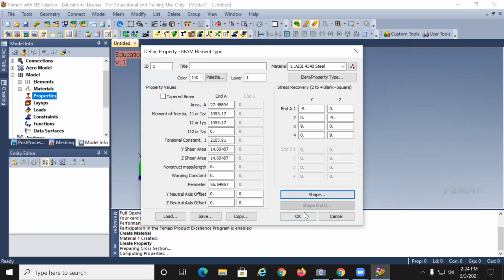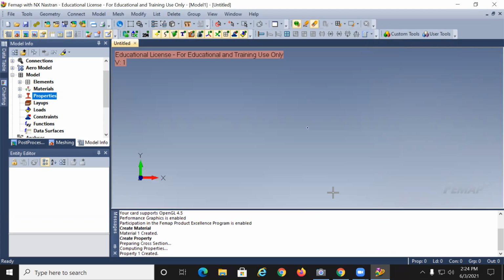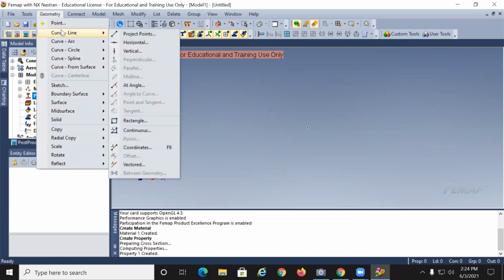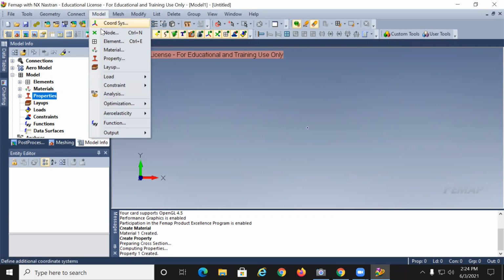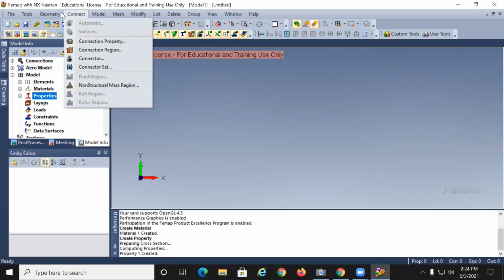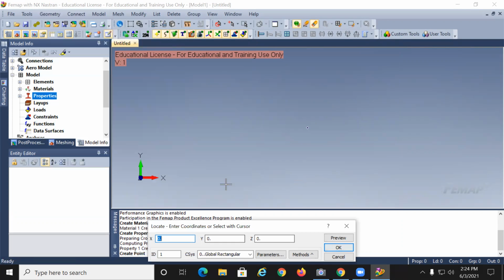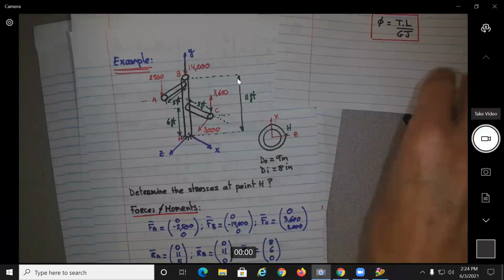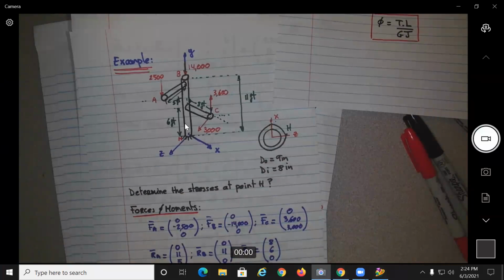Okay. So now let's see, we have the points over here. So let's create some points. Okay, model, geometry, points. Let's create points. So the first one would be 0, 0, 0, which is at the bottom, which is this one over here. Now I'm going to create this one up, which is 11. So let's create one in the middle.